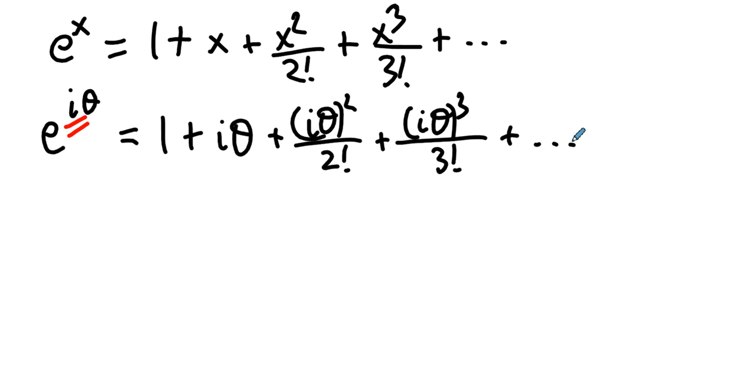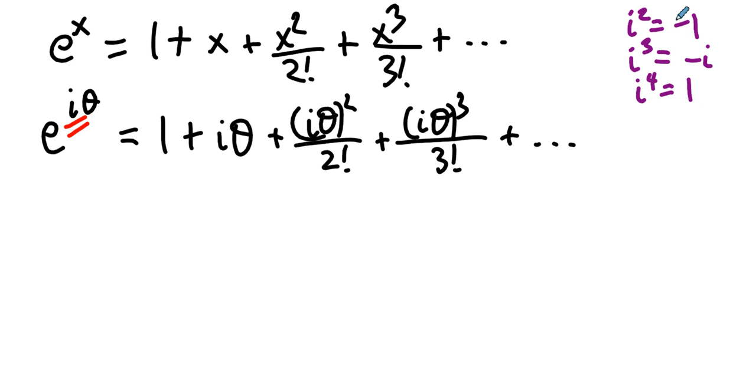So then you get thinking about, well, what about the powers of i? And we remember, because we went to school once, that i squared is -1, and i cubed is i squared times i, and i to the fourth is i squared squared.